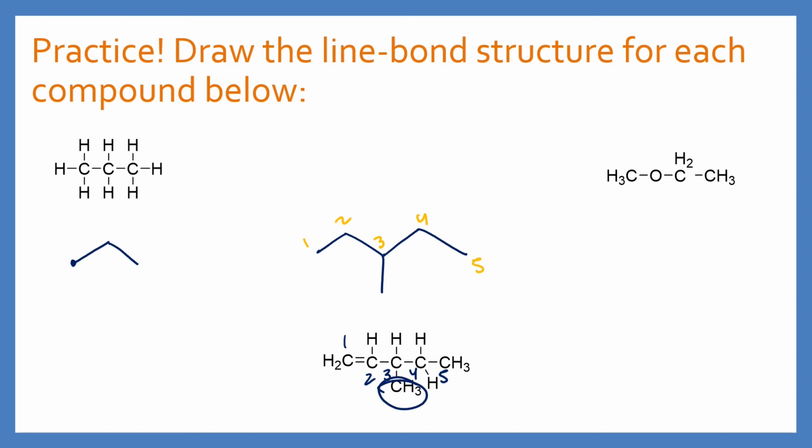Otherwise, when somebody interprets the structure, they're going to imply that there are 2 hydrogens on carbon number 2 and 3 hydrogens on carbon number 1, which when we look at our structure, we can see is definitely not true. So we do have to represent our double bond. And it's really very simple. All you're going to do is draw a double bond.